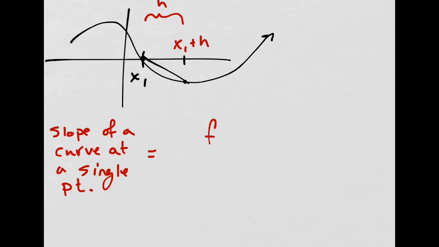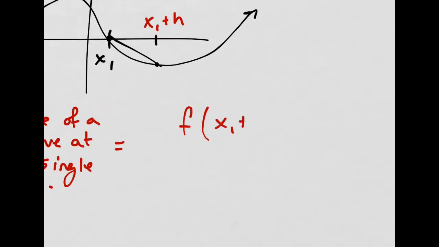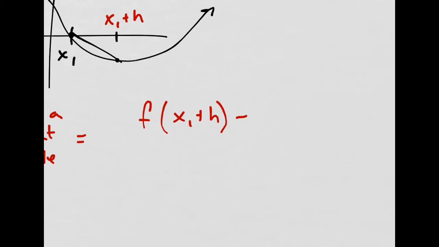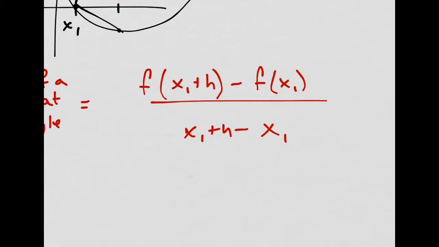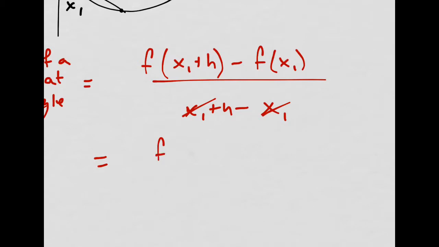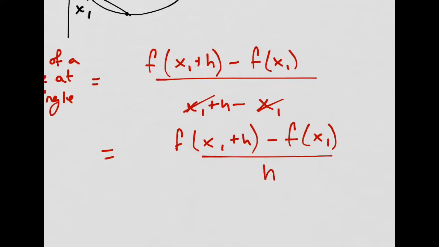So I would have f of x1 plus h, that's my x2, minus f of x1, all divided by x1 plus h minus x1. Those cancel out, so this simplifies to f of x1 plus h minus f of x1, divided by h.